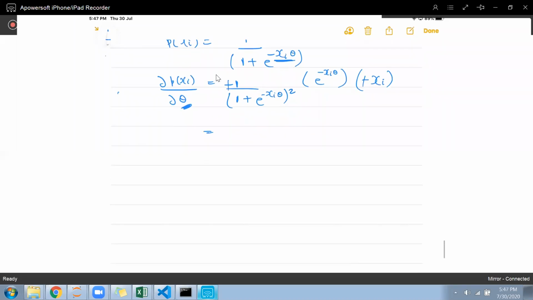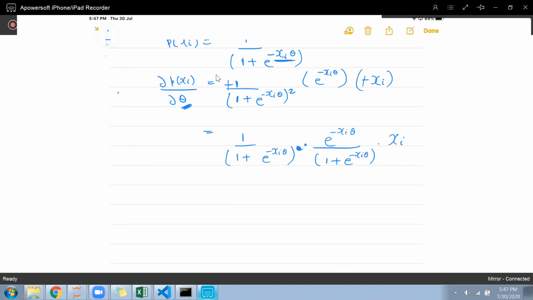Now what will I do? I'll rewrite this equation in another way. I'll write 1 upon 1 plus e to the power minus xi theta whole square. Sorry, I'll remove the whole square. I'll divide this like this: e to the power minus xi theta upon 1 plus e to the power minus xi theta, into xi.